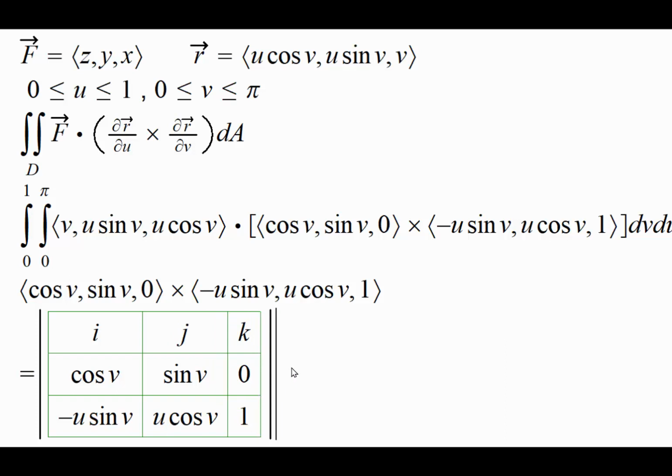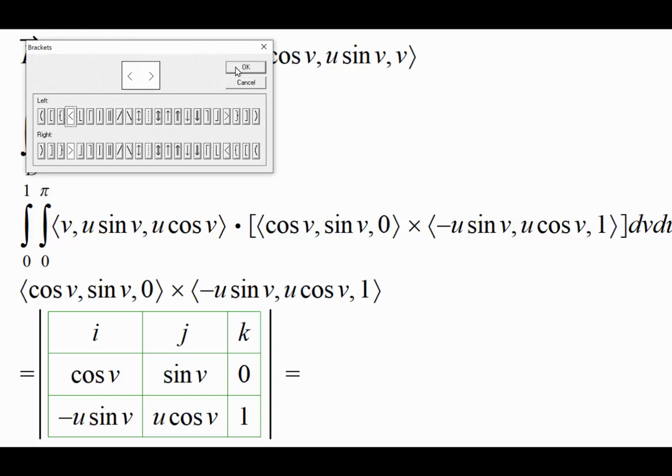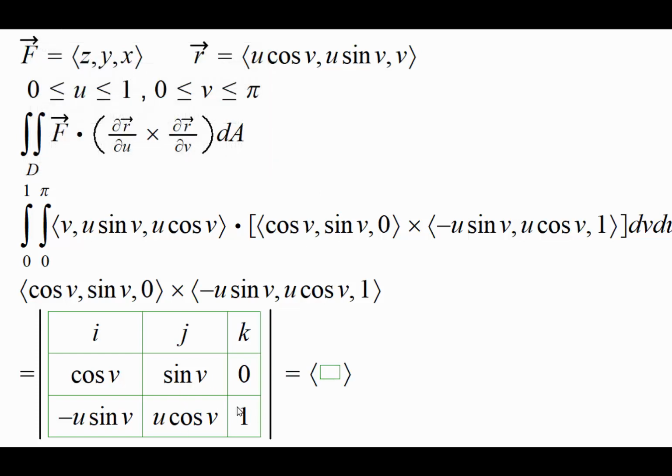All right, and what this will become is, we have sine v minus 0 when we are looking at this portion as a cofactor. So we simply get sine v. All right, then when we go for j, ignore these rows and column.